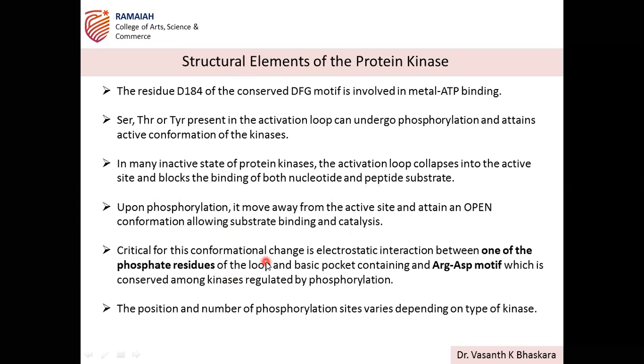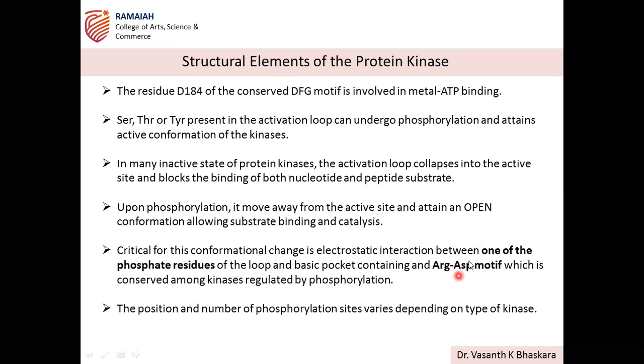So critical for this conformational change, as I told, are electrostatic interactions, because proteins are basically charged molecules, and this electrostatic interaction status will be altered upon phosphorylation, because phosphate has a negative charge, between one of the phosphate residues of the loop and a basic pocket containing the arginine aspartic acid motif, while conserved among kinases, regulated by phosphorylation.